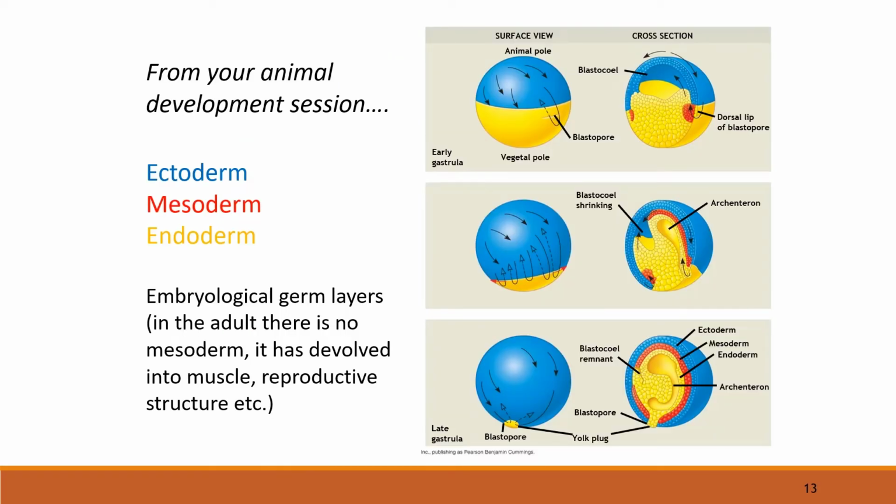This term mesoderm actually refers to the origin of this tissue in the embryo, in these embryological germ layers, which you may have encountered during your life processes sessions. So in an adult platyhelminth, there's no tissue that is mesoderm, rather there is tissue like muscle or reproductive structure that is mesoderm in origin.